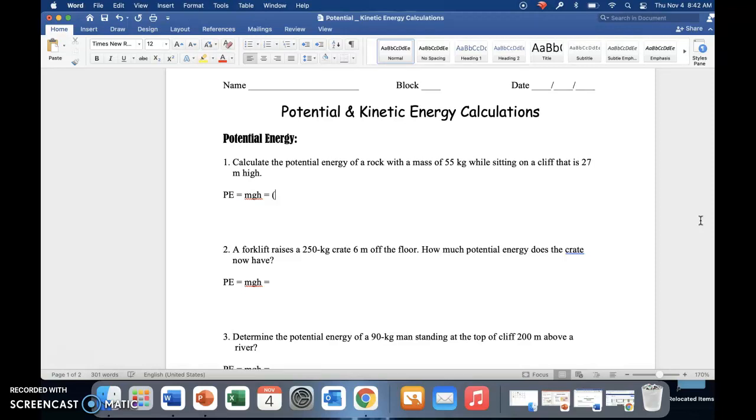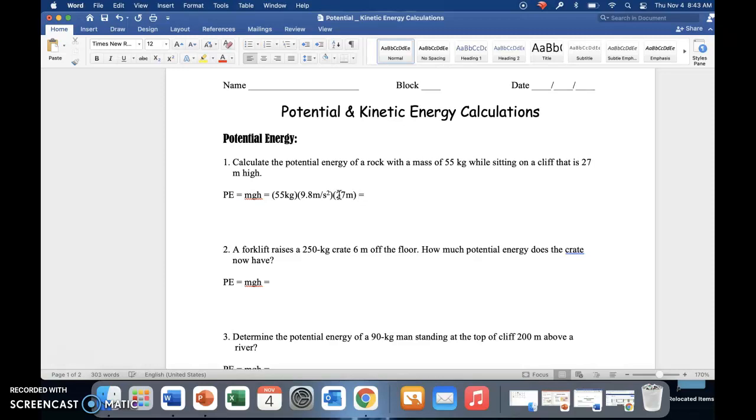So in this case, we're simply going to take the 55 kg and multiply that by g. G is always 9.8 meters per second squared. And then I'm simply going to multiply that by the height of 27 meters. Okay.